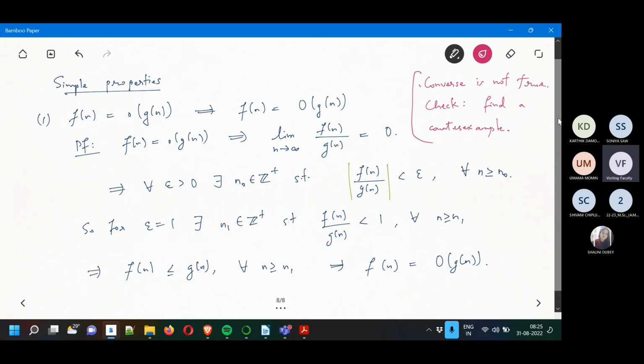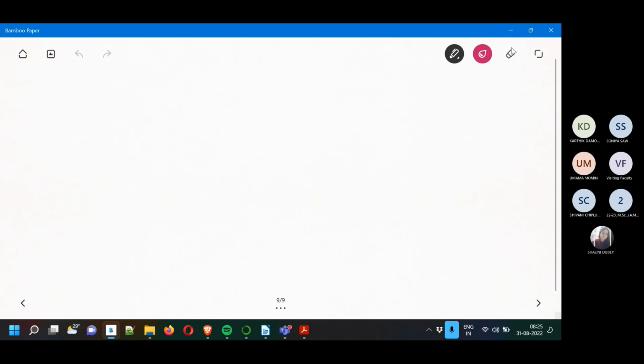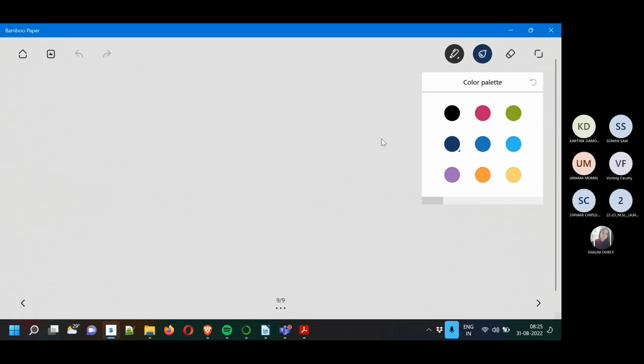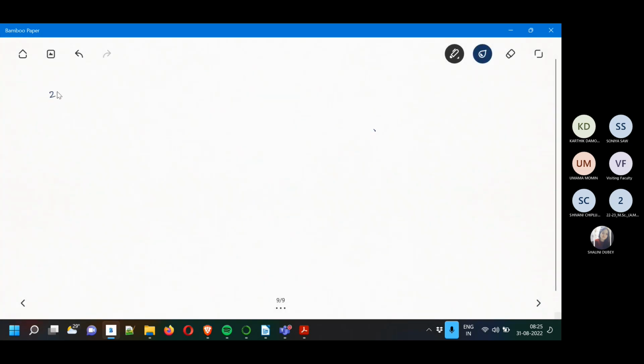All right, so analogous statement. Now the reverse. So if f n is little omega g n, then it implies f n is big omega g n.